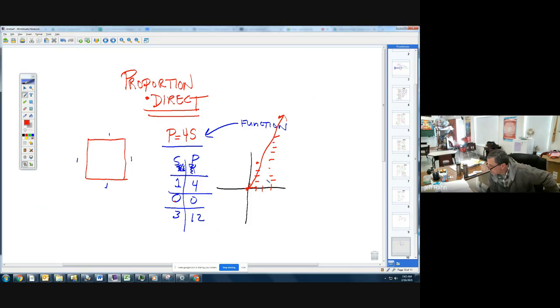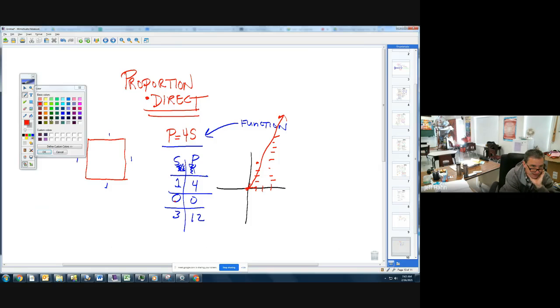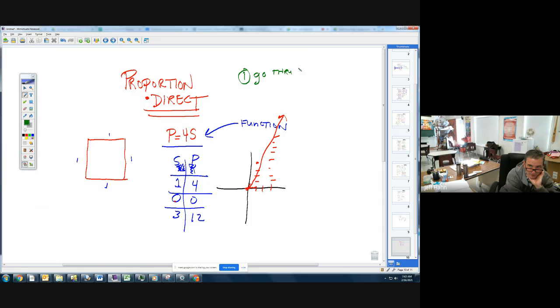For something to be proportional, or to be direct proportion, this has to happen. It has to follow 2 things. Number one, it must go through the origin, which the origin is point 0, 0.